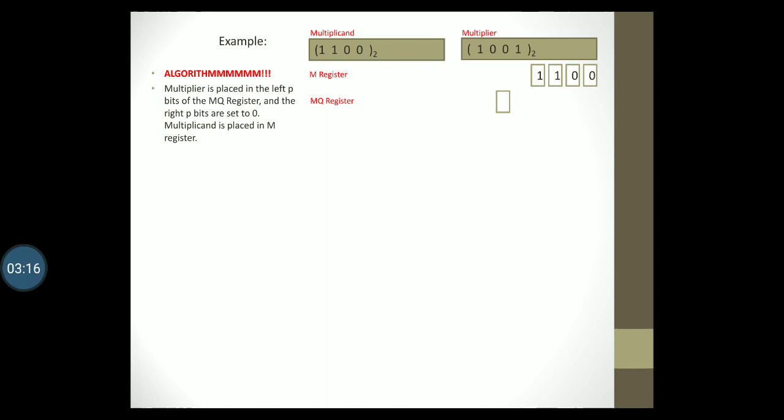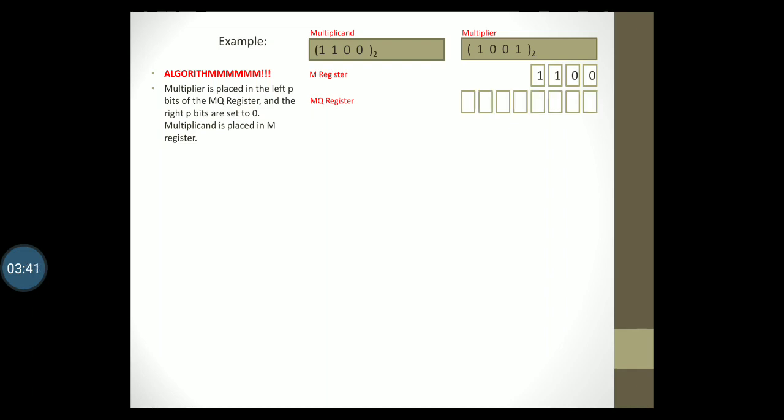Now that we have read this step, notice that we have already placed the multiplicand in the M register. Also, in this case, p is equal to 4 bits since the multiplier is made up of 4 bits. So this step tells us to place the multiplier in the left 4 bits of MQ register and the remaining 4 bits will be set to 0.